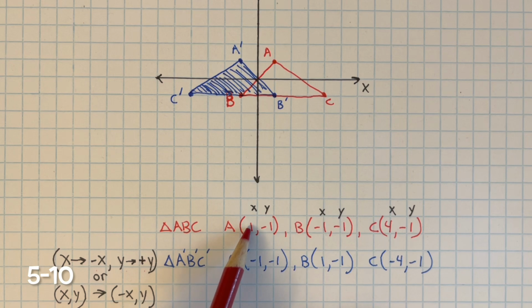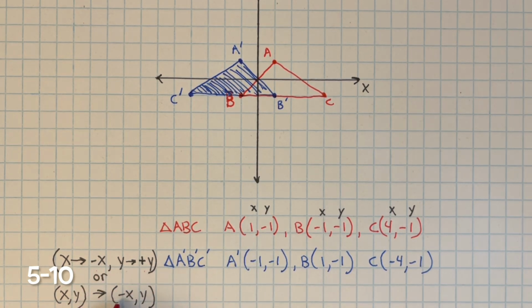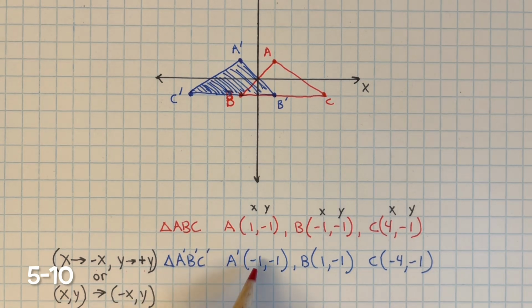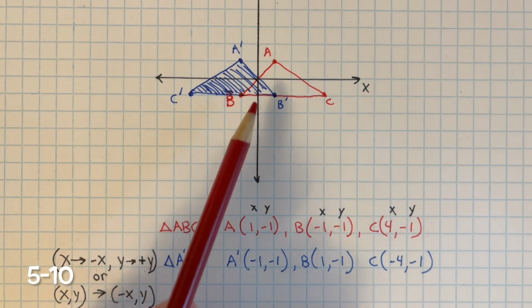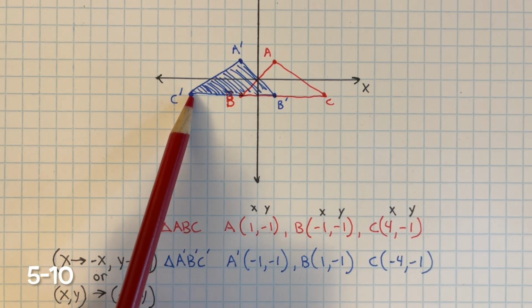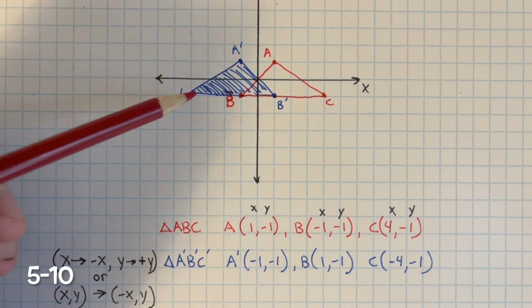So here we have 1, the opposite of positive 1 is going to be -1. And then the y is going to stay the same. Opposite of -1, positive 1. Opposite of positive 4, -4, and the y's stay the same. And when I plot these points, which transformation did we create?